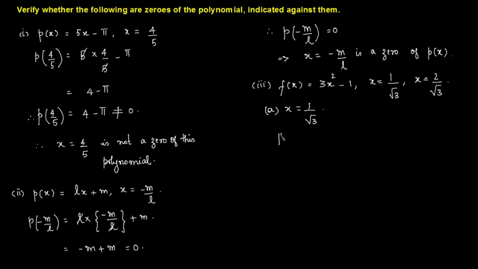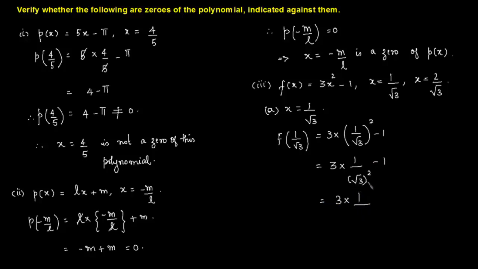Now what is f of 1 by root 3? It is nothing but 3 multiplied by 1 by root 3 the whole square minus 1, and this is equal to 3 multiplied by 1 by, what is root 3 the whole square?